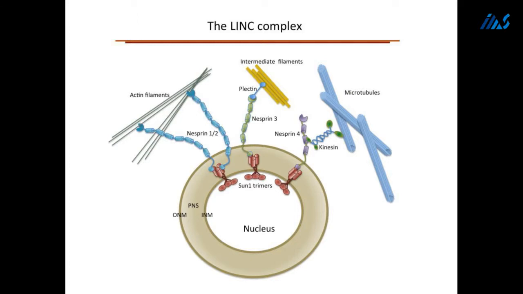Now, as I hopefully made clear earlier on, the LINC complex comes in two parts. A KASH domain protein on the cytoplasmic face of the nuclear envelope, and a SUN domain protein in the inner nuclear membrane, which functions as a tether.